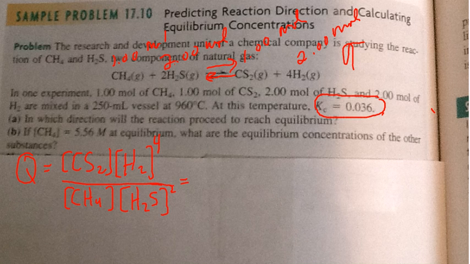And let's plug in our concentrations here. It looks like all of these are in a 0.250 liter vessel, right? So we can't just plug in moles, we need to plug in concentrations. So for the CS2, 1 divided by 0.250 is going to be 4 molar.